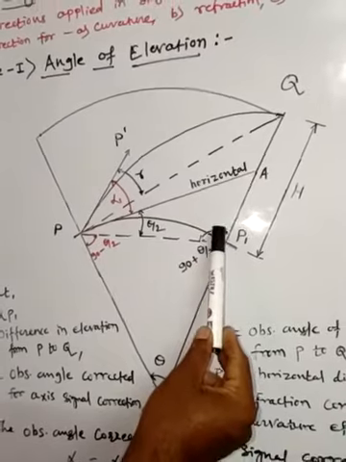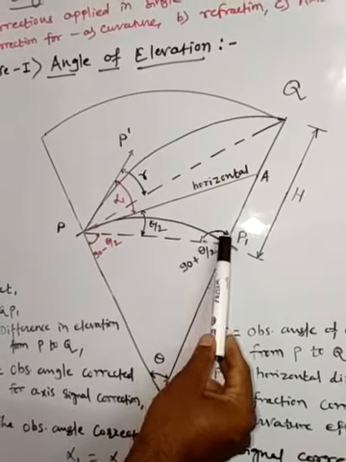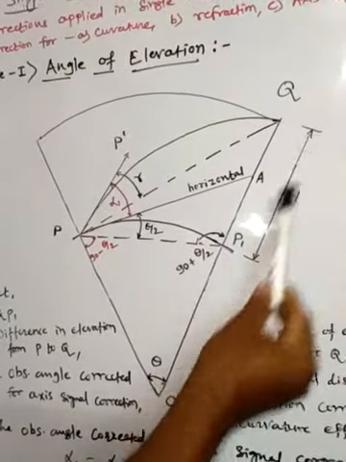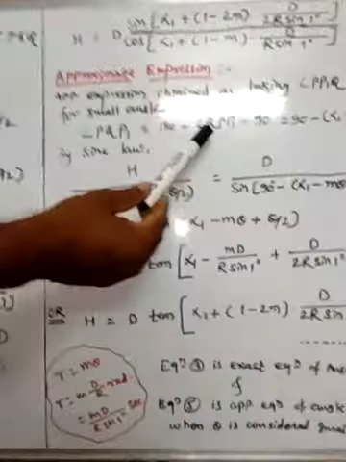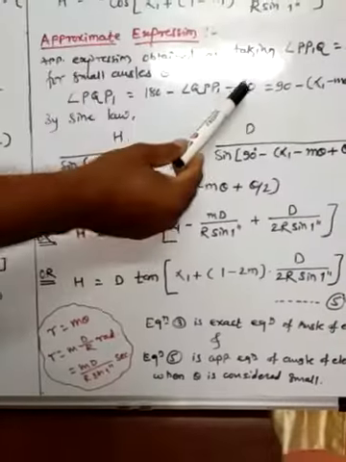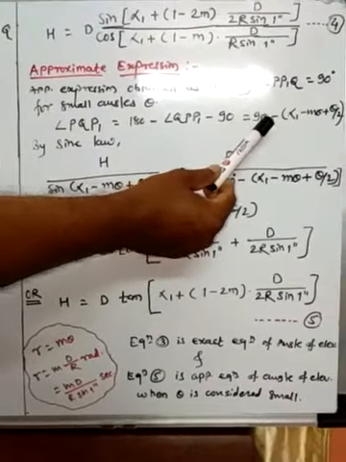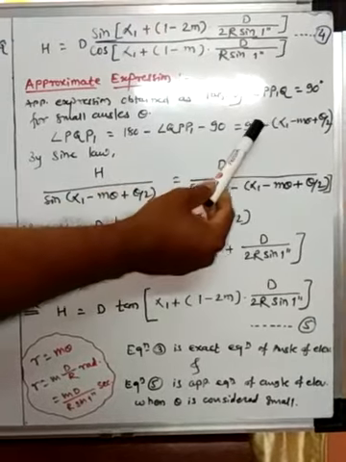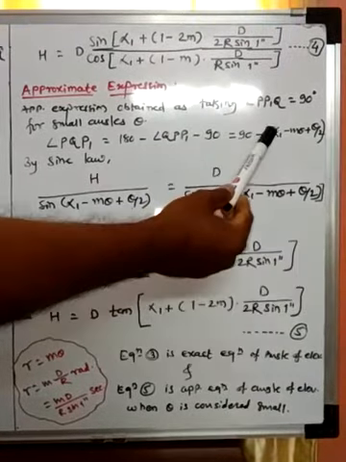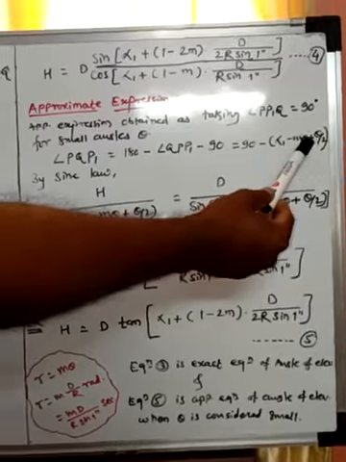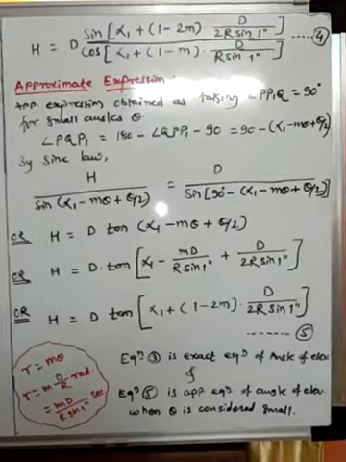When you take P1Q as 90, then the expression changes like this. Angle PQP1 equals 180 minus angle QPP1 minus 90, that means 90 minus alpha 1, which is 90 minus (alpha 1 minus m theta plus half theta).